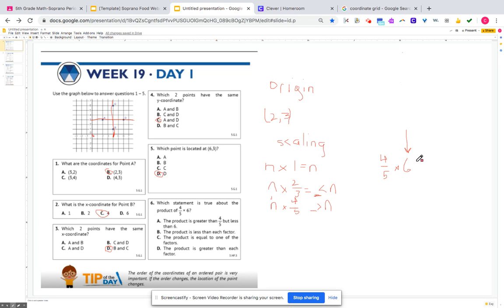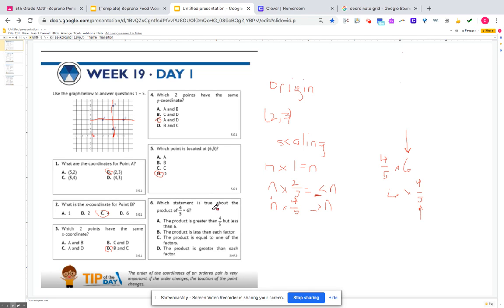But if we were to flip that around and say, wait a minute, what if we inverted that? In this case, now 6 is greater than 1, so 4/5 would increase. So that product would be greater than 4/5. So let's look at our answer choices now that we've thought about that for a few minutes.